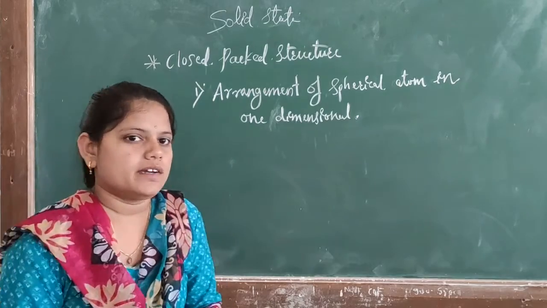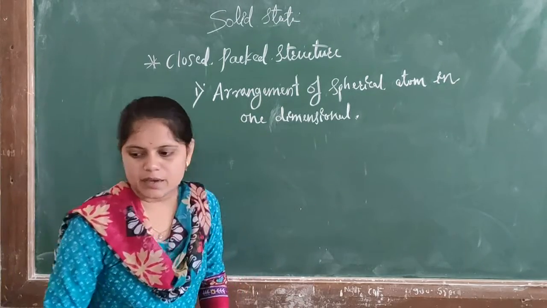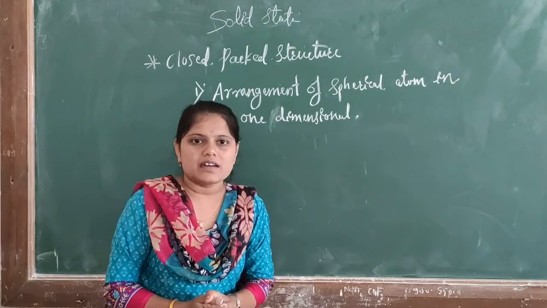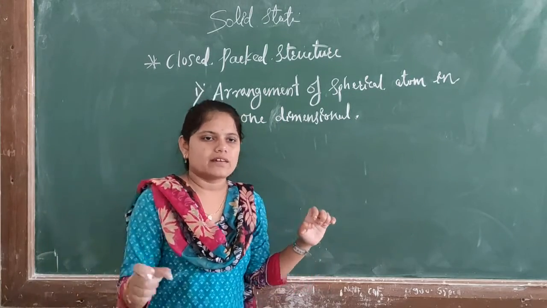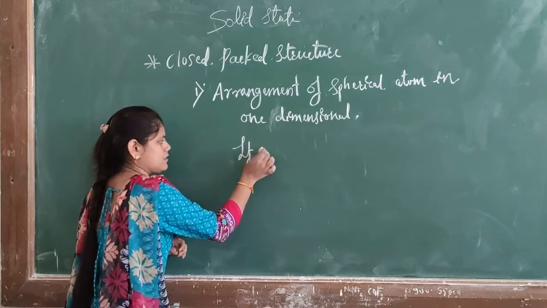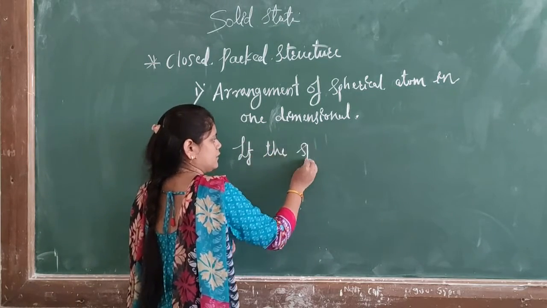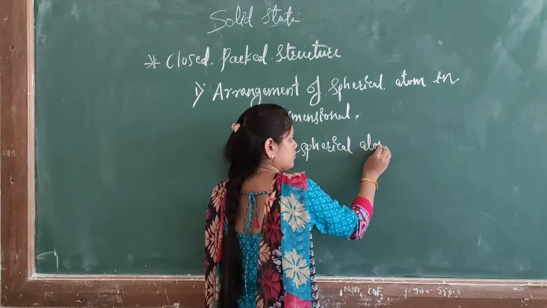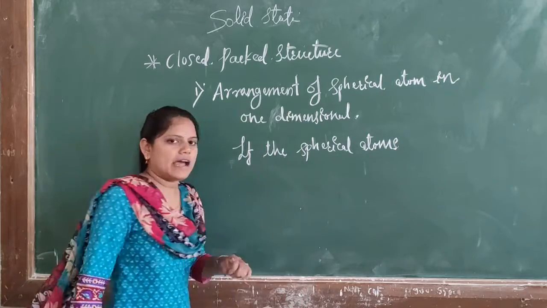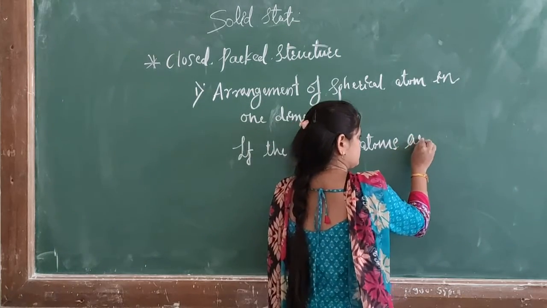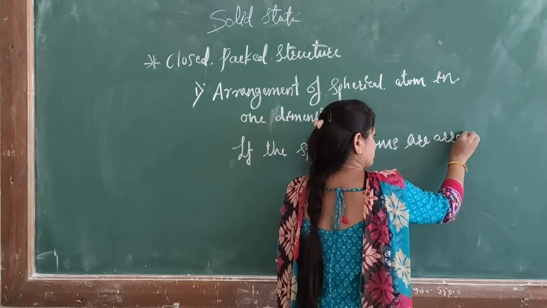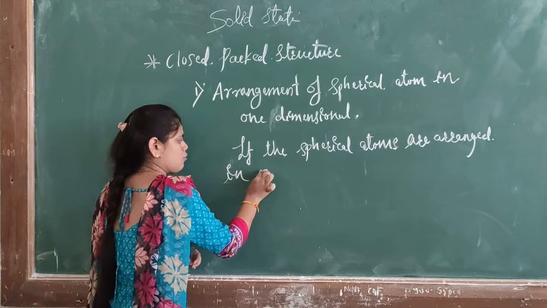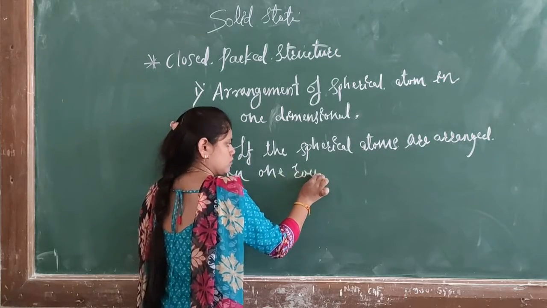What is meant here? The arrangement of spherical atoms in one dimension is when the spherical atoms are arranged in a row.